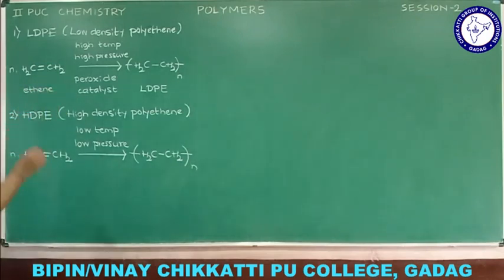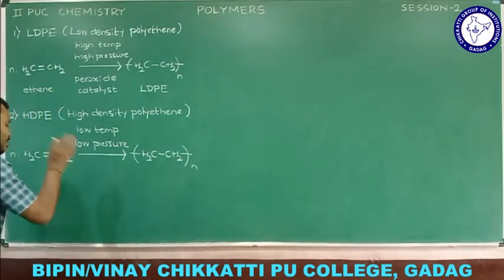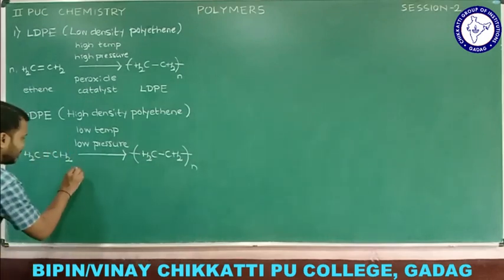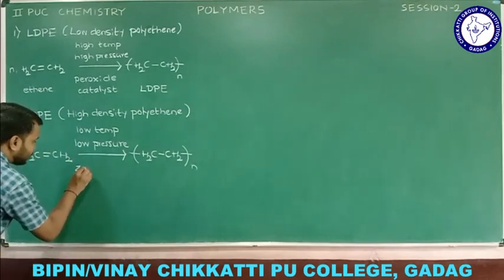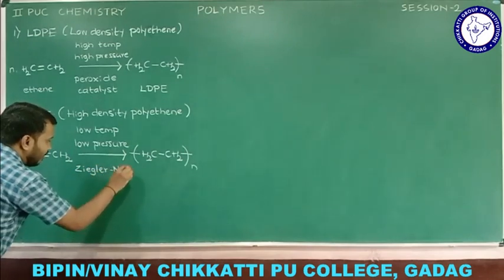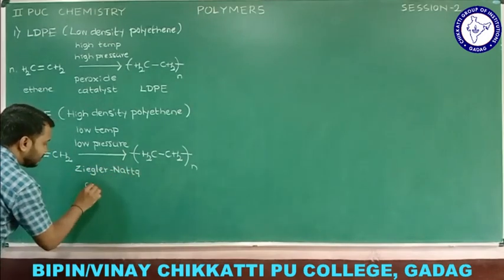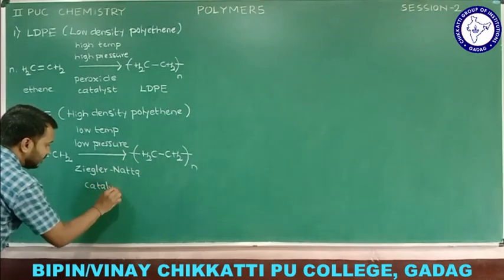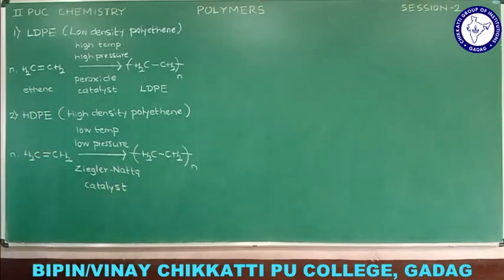In the case of HDPE, one very important catalyst we are going to use is called Ziegler-Natta catalyst. Ziegler-Natta catalyst is used in the manufacture of HDPE. Try to know that one.